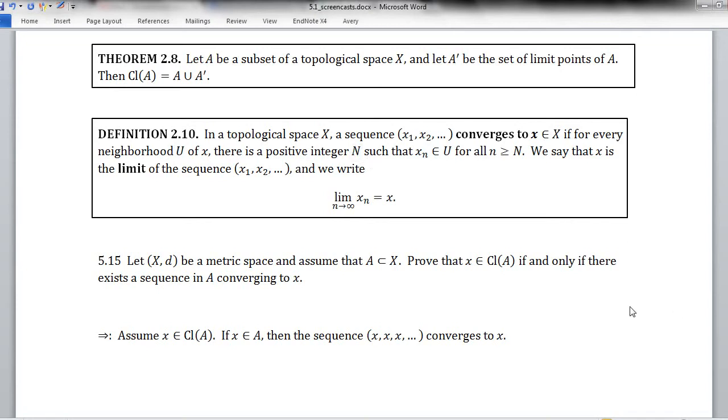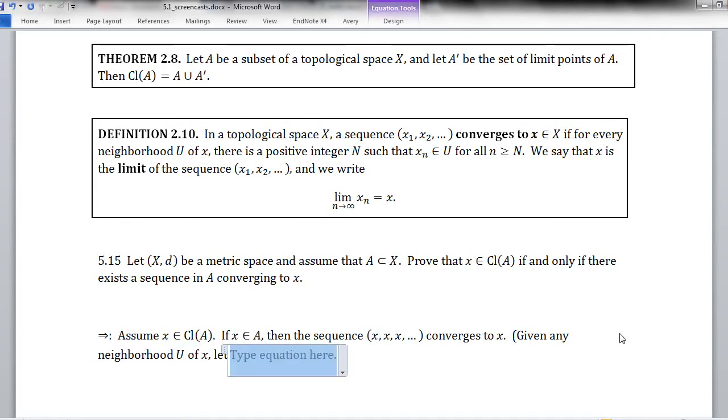Every term of this sequence is going to be in any neighborhood containing x. So we could say, given any neighborhood U of x, let capital N equal 1. The entire sequence will be in U. All right, that takes care of the case when x is actually in A.